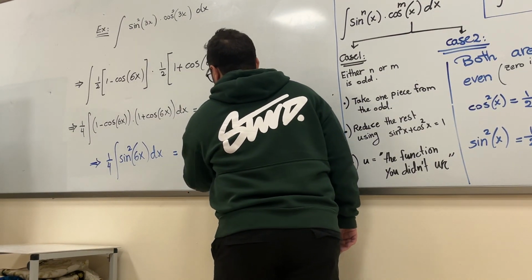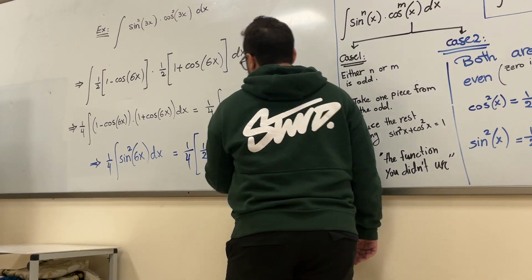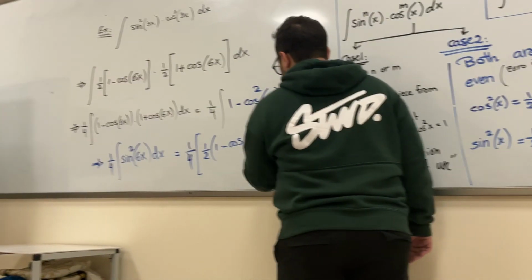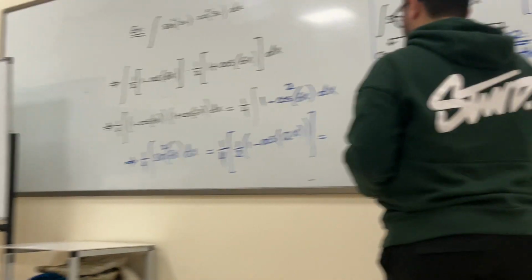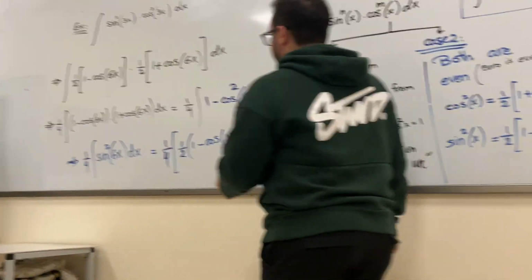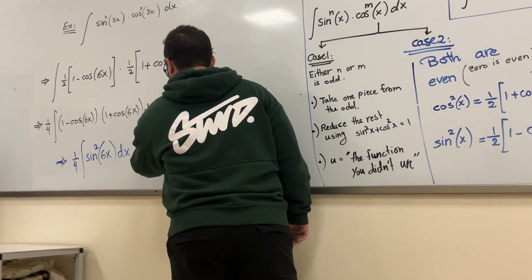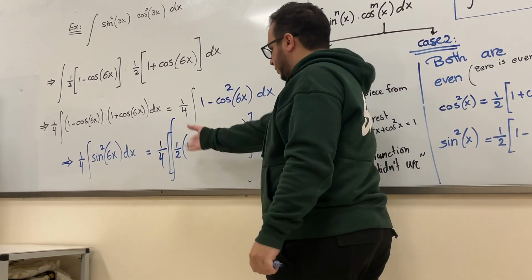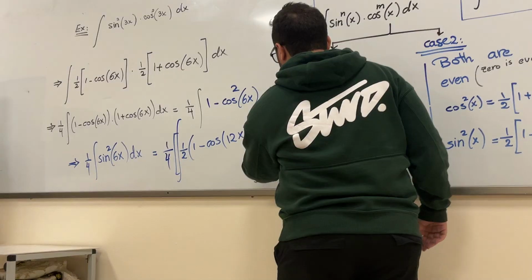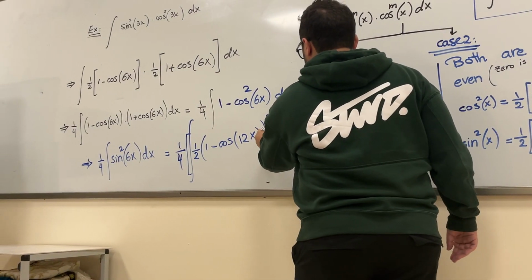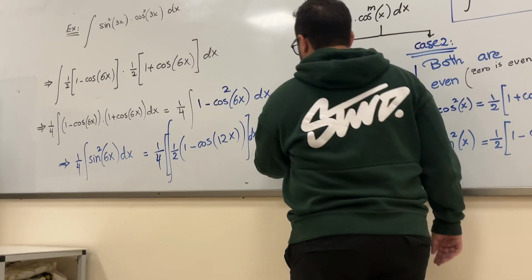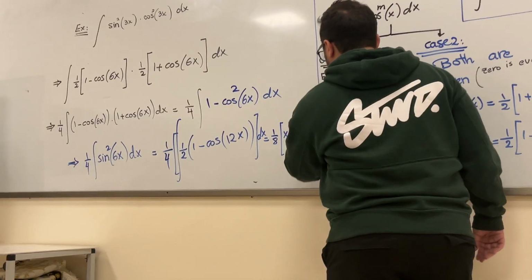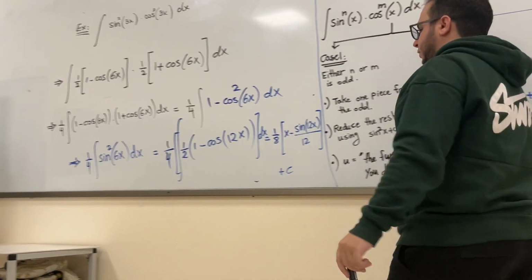Half, 1 minus cosine of 12x. Sorry, 12x, not 2x, my bad. So, integration. 1 over 2 times 1 over 4 is 1 over 8. Integrate 1, that's x. Integrate cosine is sine 12x over 12, you have to divide by 12, plus C. That's the answer.